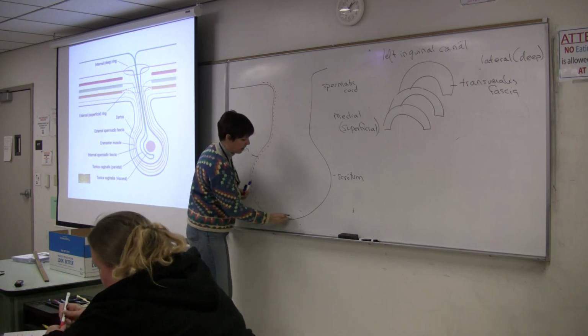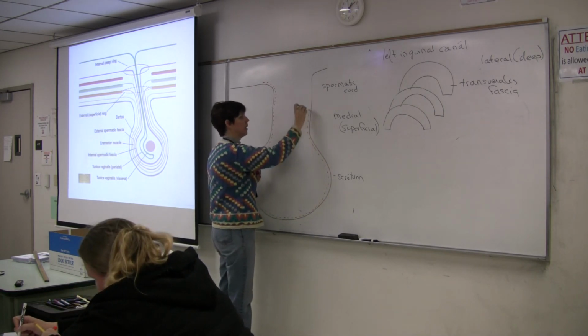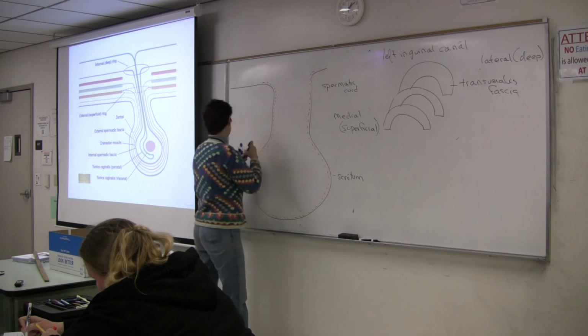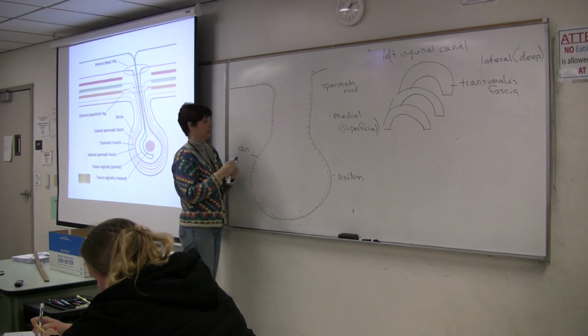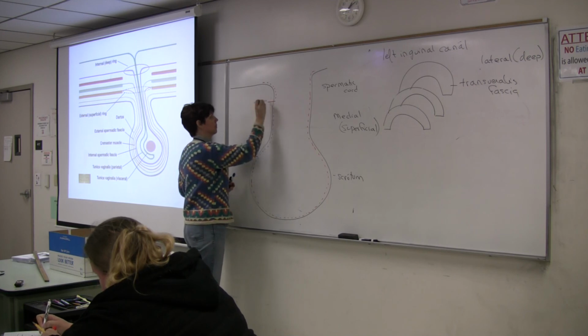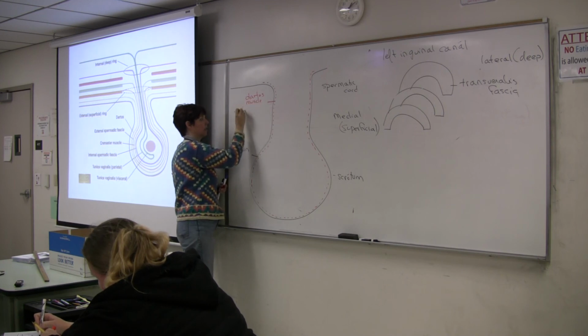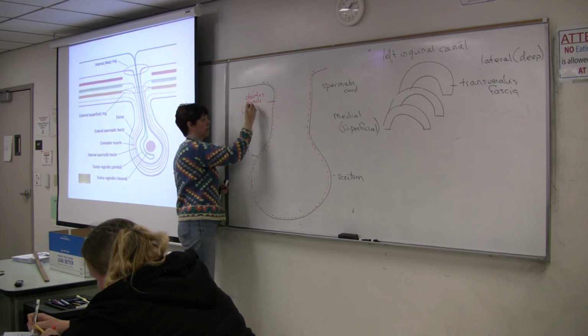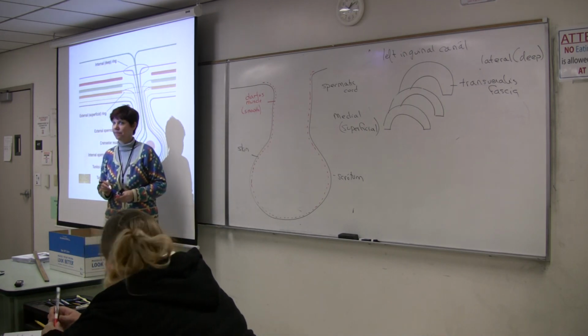So this red dotted line that I'm drawing is this yellow line here, which is the dartos muscle. Okay.